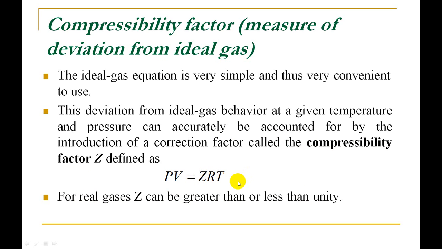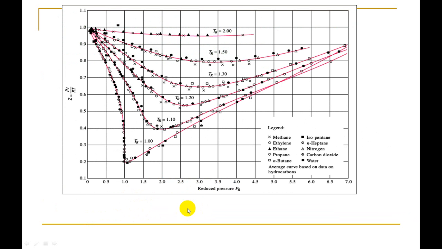So if the substance is real gas, then Z will be greater or less than 1. Now we have this graph.